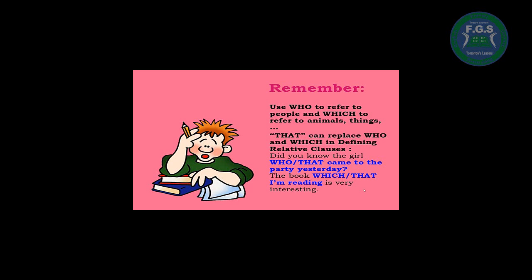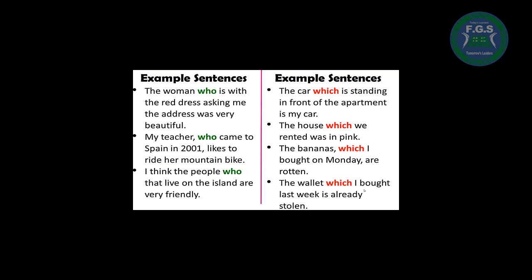Did you know the girl who or that came to the party yesterday? Another example. The book which or that I'm reading is very interesting. More examples about who and which. Example sentences about who.